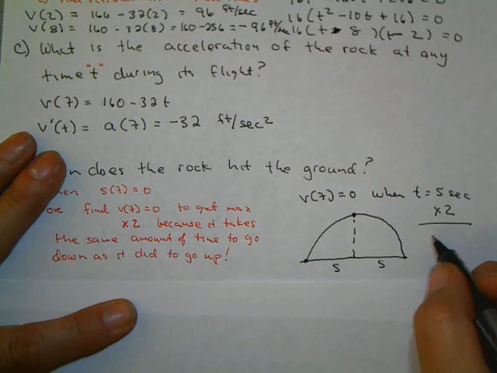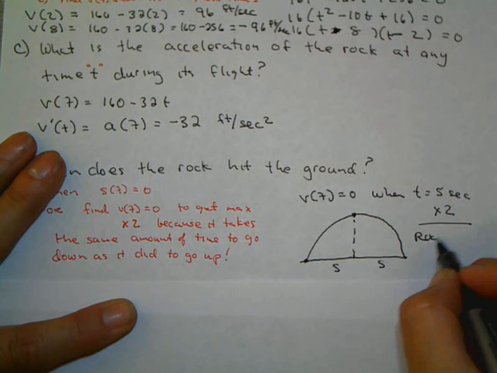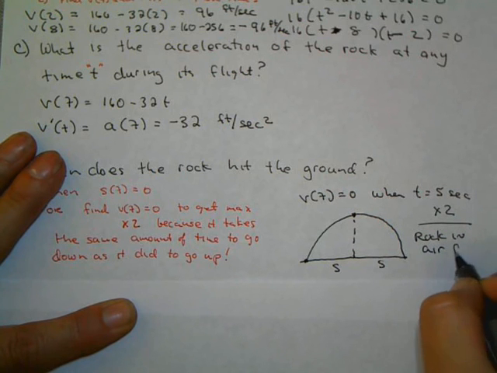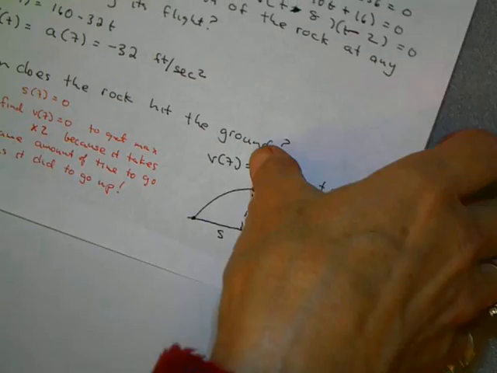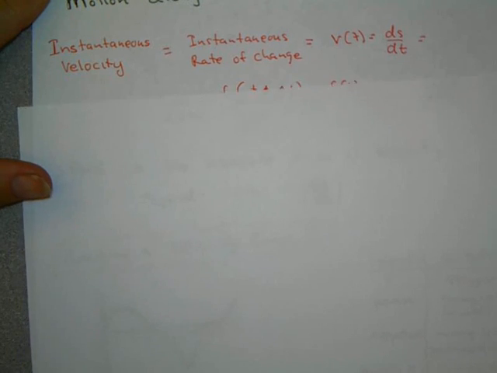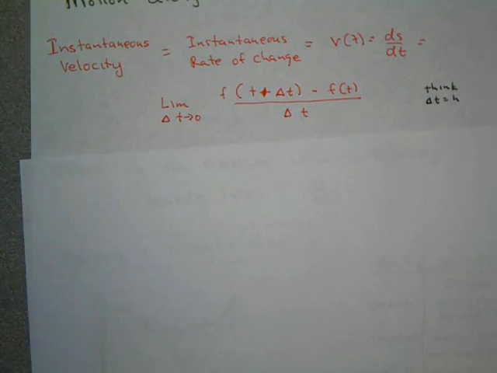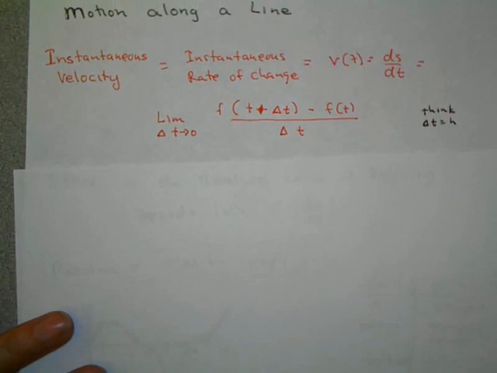Well, what comes up must come down. It comes down at the same speed, so it's going to take 5 more seconds for the rock to come down. So instead of finding where the position function is 0, simply take that 5 seconds times 2, and you'll know the rock was in the air for 10 seconds. It's going to take 10 seconds in all for it to go up and come back down.